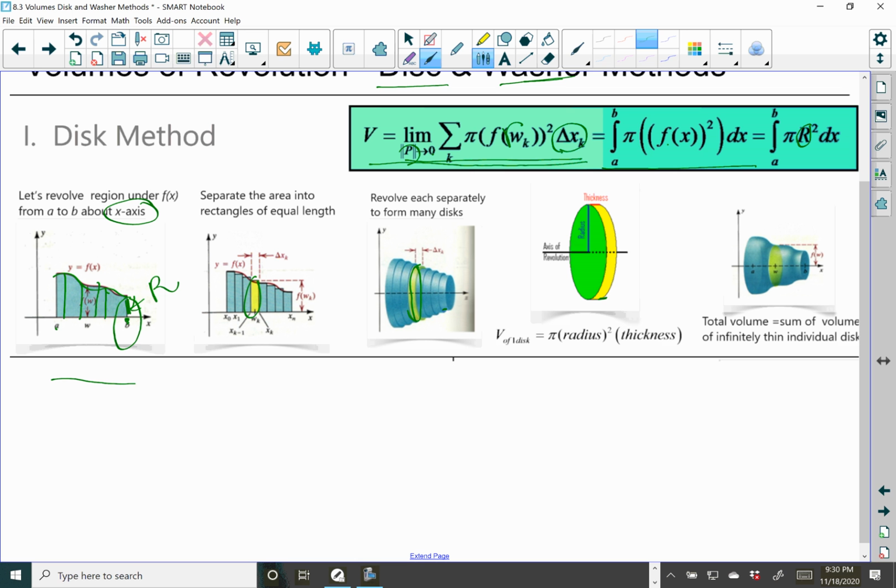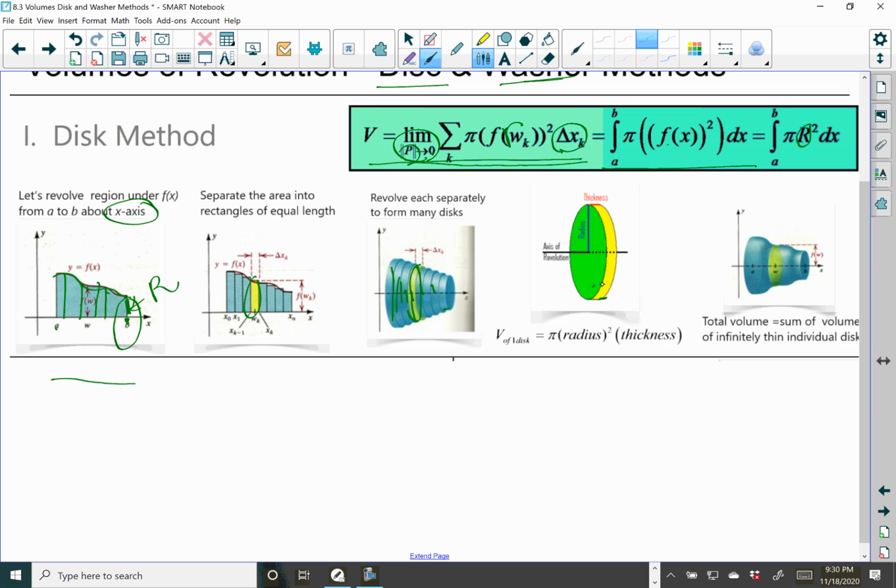I can make the thickness of a disk much thinner, or create more disks. And to create more disks, we want to take that thickness down to 0, or create infinitely many slabs of disk along here.